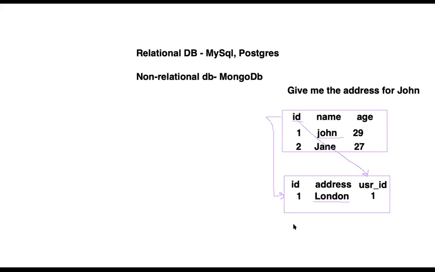So this way I can get name and address, right? Does it make sense? Easy. This is a relation we have created between two tables.